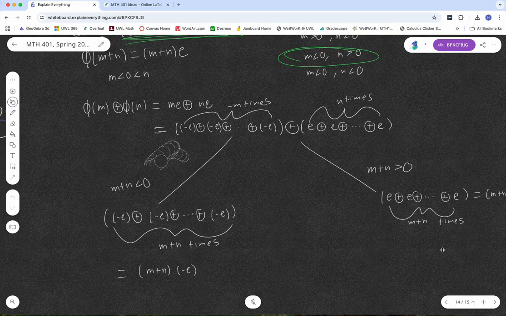Oh, okay, I see. I did this wrong. I think I screwed up this definition. I was trying to do two things at once. Oh, no, that's right.